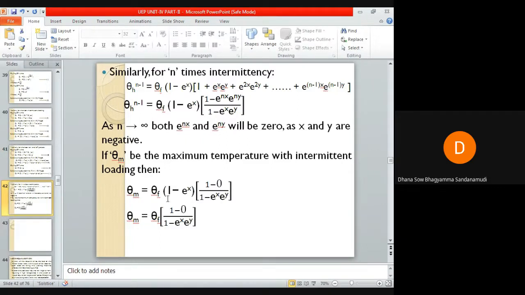If you have written it in your notes. I can neglect it, or if I am not considering e power x as very small, then I can multiply it with the numerator of this expression. If I multiply it, I will get theta F into (1 minus e power x) by (1 minus e power x e power y).